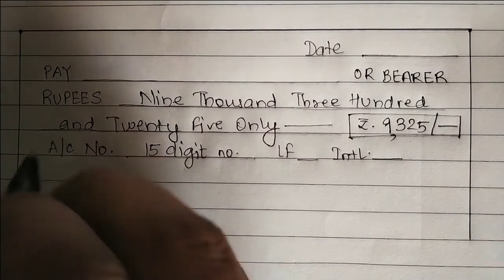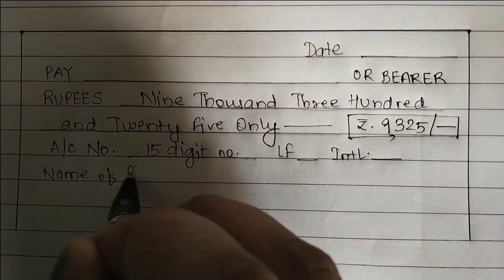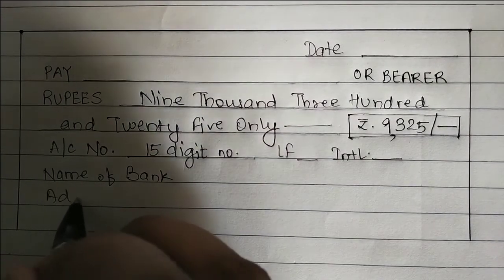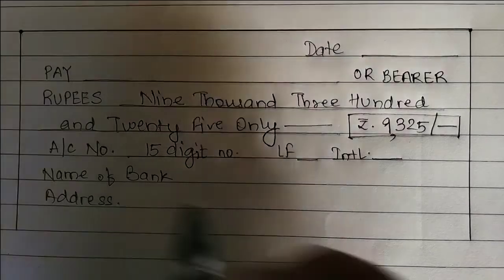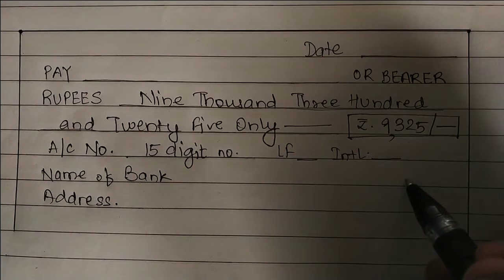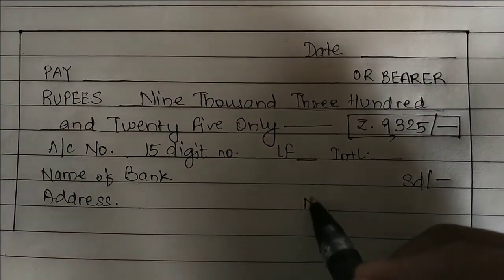After this, I would write the name of the bank and address. On the right side, I would write SD and the name of account holder.